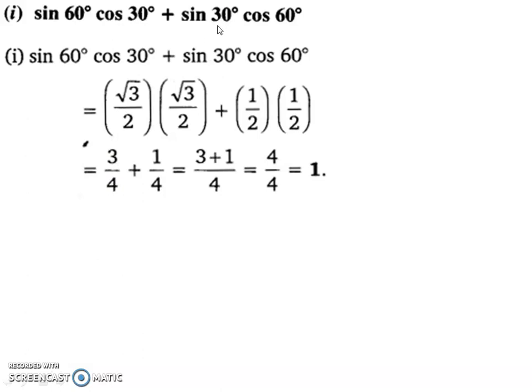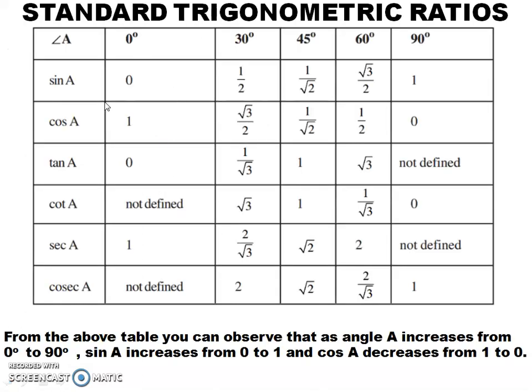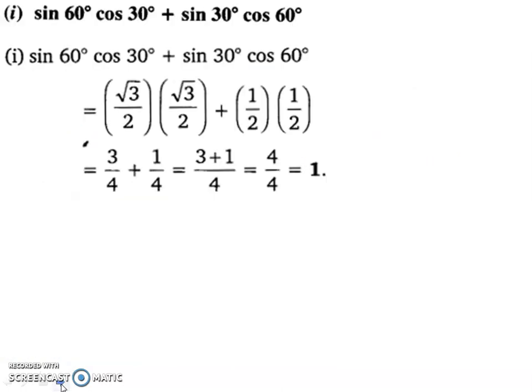Now what is sine 30 and cos 60? Let's see. Sine 30 is 1 by 2 and cos 60 is again 1 by 2. So what is 1 by 2 into 1 by 2? 1 by 2 into 1 by 2 is equal to 1 by 4. 3 by 4 plus 1 by 4.